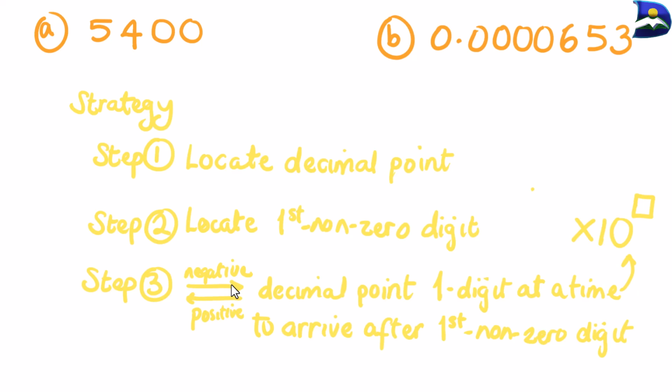This looks like this on the right side, alongside multiplying your 10 to the exponent by a decimal that is between 1 and 10. And so we're going to apply this strategy to not only our question A, but also for B.